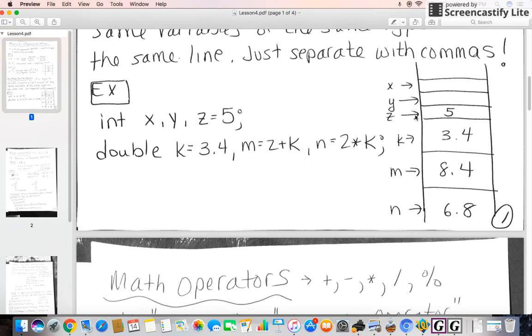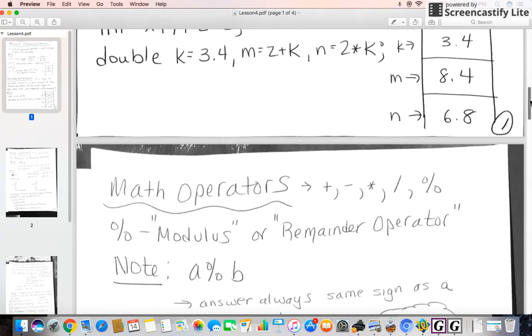Java goes to memory and says 5 plus the value stored at k, 3.4, so that equals 8.4. That's why 8.4 is stored in memory. And finally, n is equal to 2 * k. Java grabs the 3.4 and plugs it in here. 2 times 3.4 is 6.8. So n is pointing to a location that stores that value.